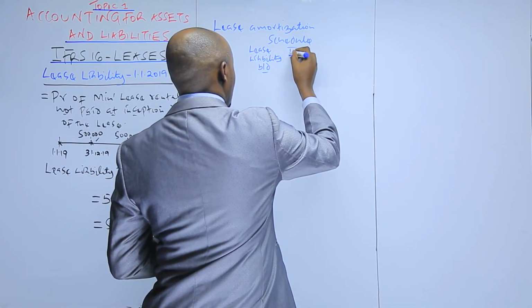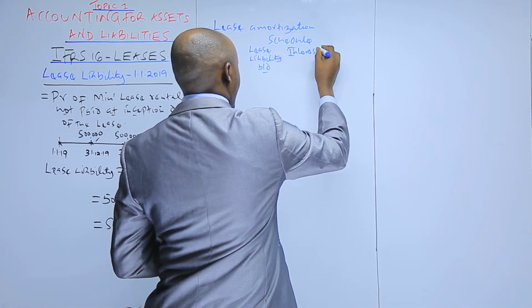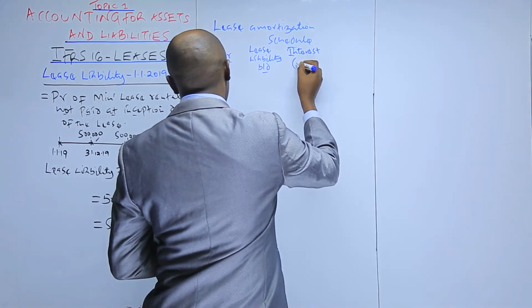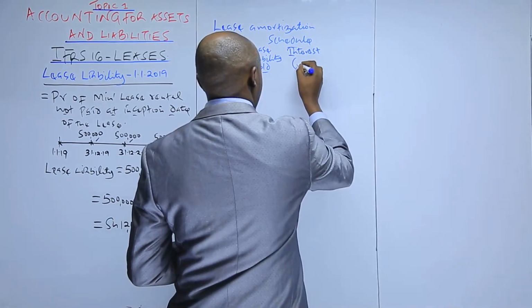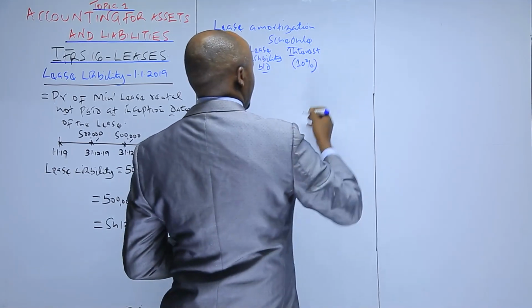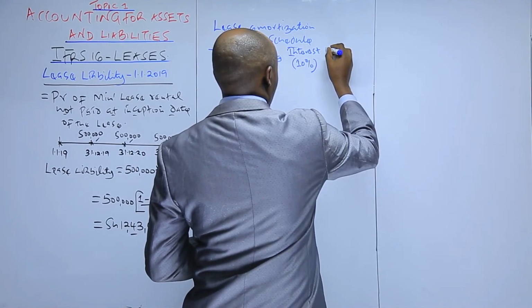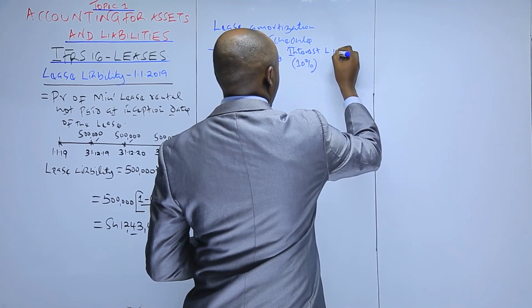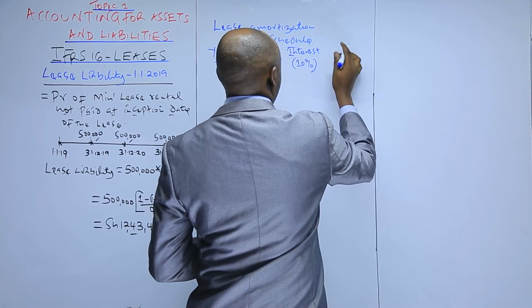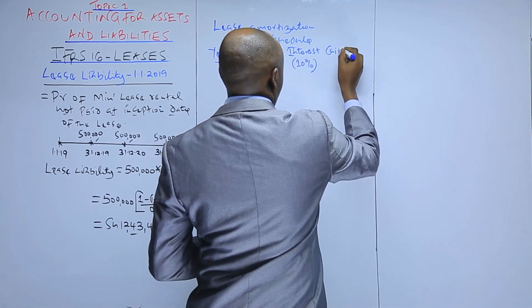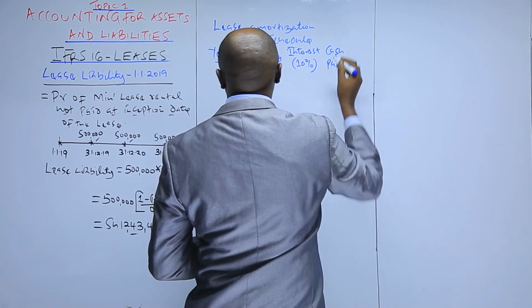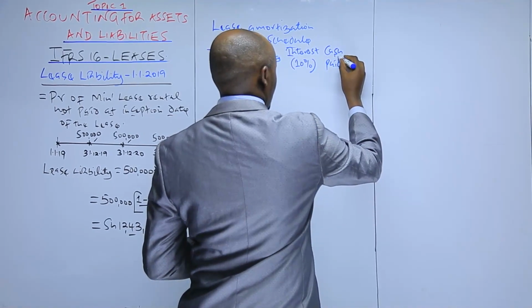Because our rent here is payable at the end of the year, our next column should be for the interest, and basically this interest we compute based on the rate of 10%. And then the other column should be for the lease rentals paid, or in other terms you can just refer to this as cash paid, which represents the rent paid at the end of each year.